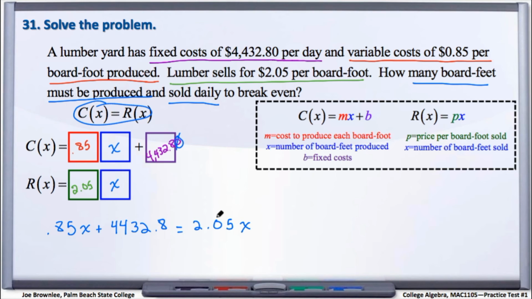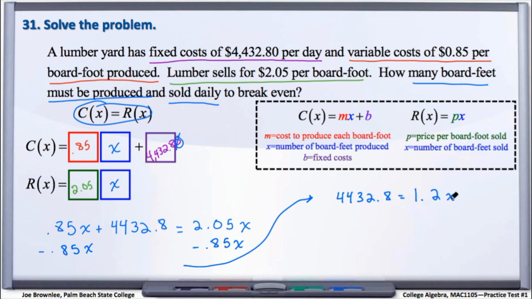We want to solve for x, so let's see if we can get the x's on one side of this equation, this equal sign, and we can do that by subtracting 0.85x from both sides. All right, I'm going to move this up here, and when we do that, we end up with 4,432.8 equals, and 2.05 minus 0.85 should give us 1.2x, and we'll then divide by 1.2 so we can get x all by itself, and so x equals 3,694.